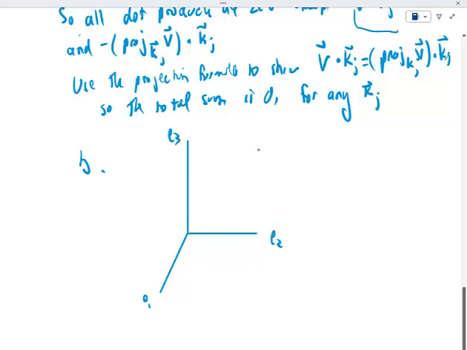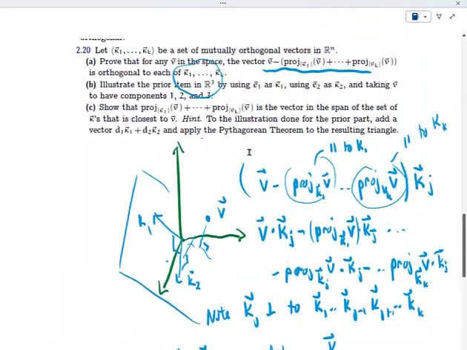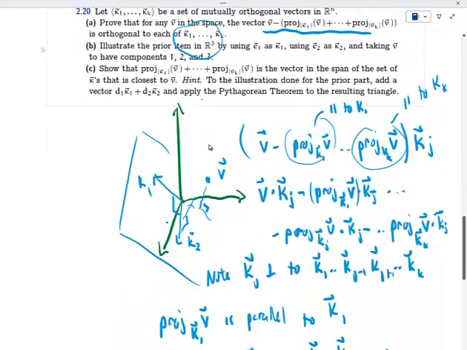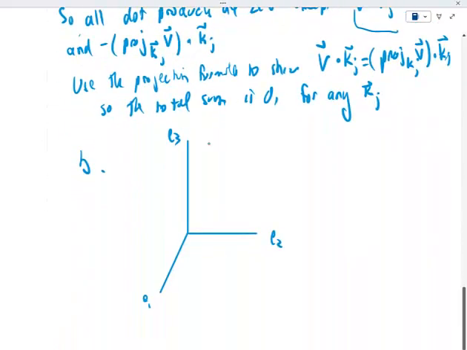He says taking V to have components 1, 2, 3, so it has 1 along here, 2 along here, and 3 along here. So that means the point is here in the plane, and then I go up 3 from here, 1, 2, 3. Okay, so that's my V.